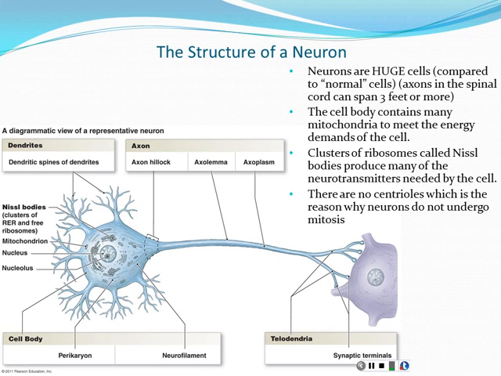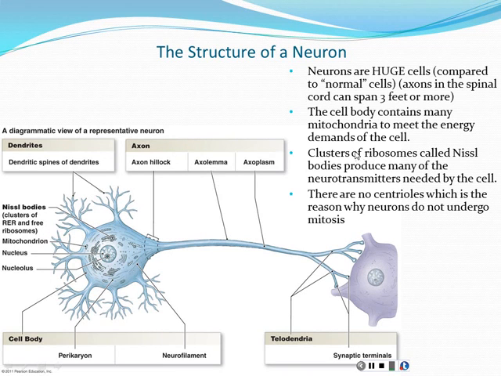Most neurotransmitters are proteins, or at least can be made in the same way that proteins are made. So we have these Nissl bodies, they're called, Nissl. And these are clusters of ribosomes that are both free and bound to rough endoplasmic reticulum. So when we look at nerves, we see these dark spots in the cytoplasm, and that is where neurotransmitters are being made.